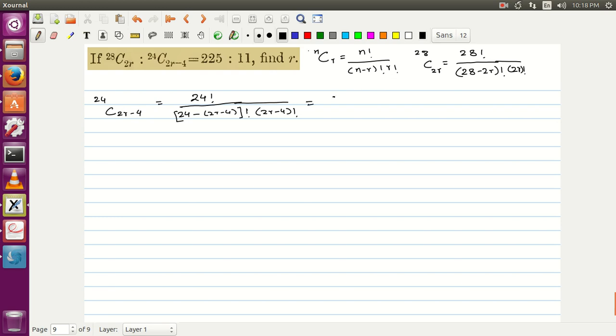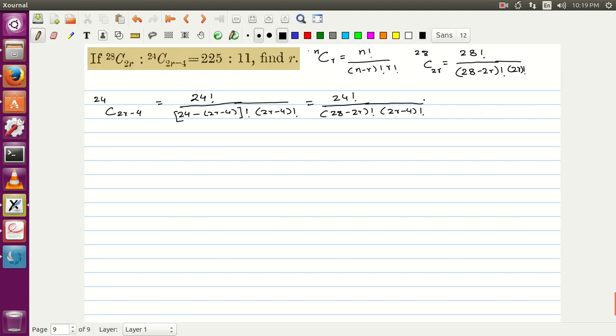So this simplifies to 24 factorial divided by (24 minus 2r plus 4) factorial. So 24 plus 4 is 28. So this you see is simply (28 minus 2r) factorial times (2r minus 4) factorial.